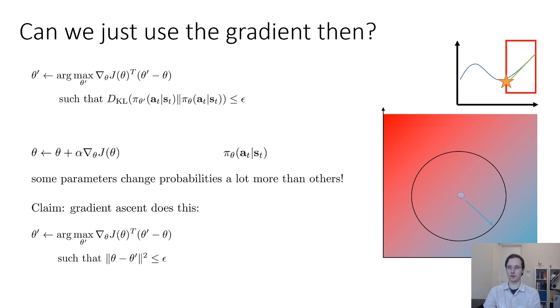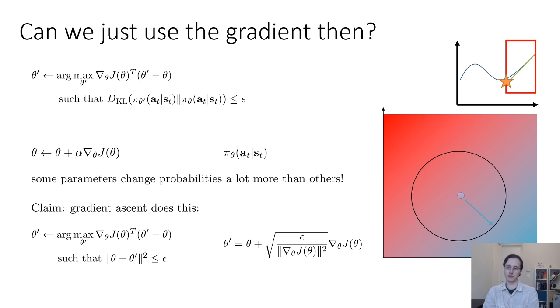In fact, the learning rate in gradient ascent can actually be obtained as the Lagrange multiplier for this constraint, and you can also derive a closed form equation for it. So if you perform gradient ascent like this, where your learning rate is given by the square root of epsilon divided by the squared length of grad J, you can actually prove that you will exactly satisfy that constraint.